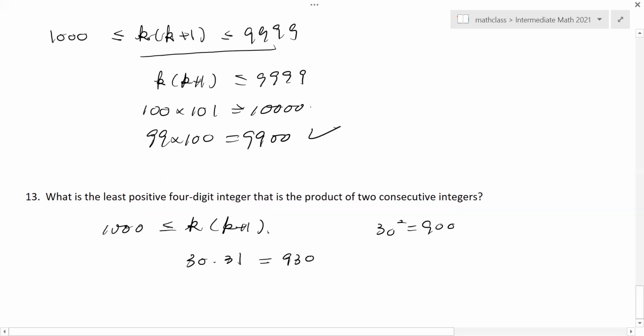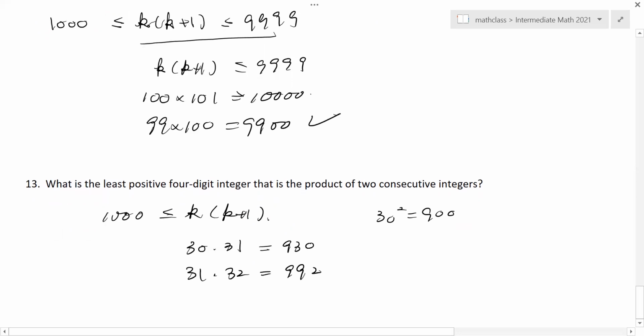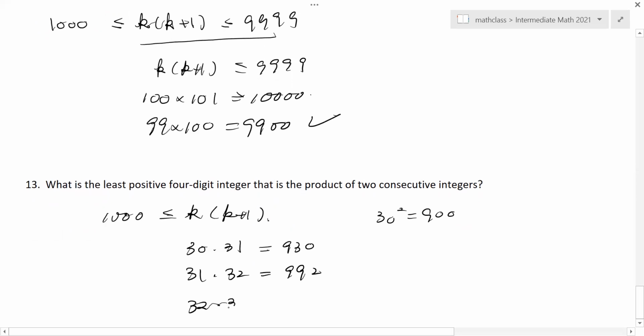Then 31 times 32 is 992. So still, it's less than 1,000. Then 32 times 33, it's going to be 1,056. It's greater than 1,000.